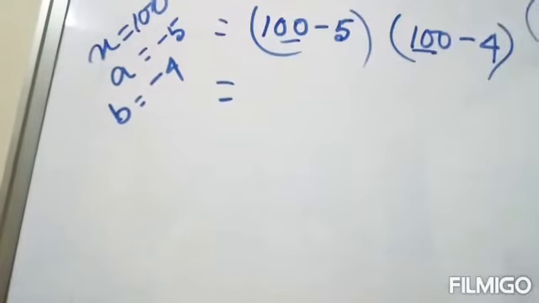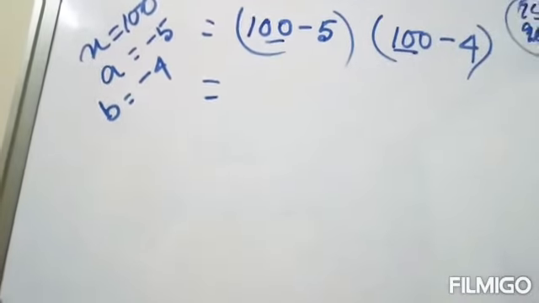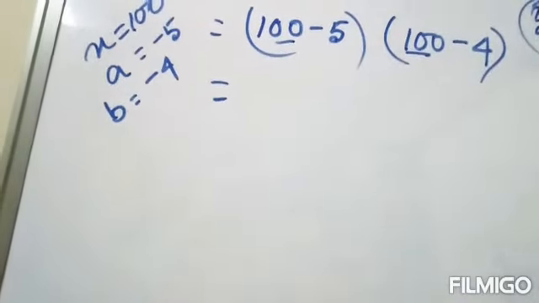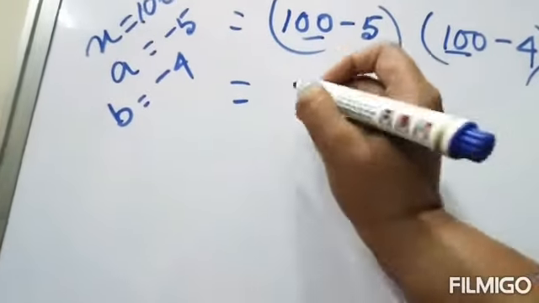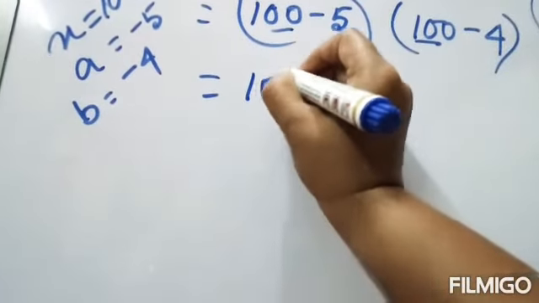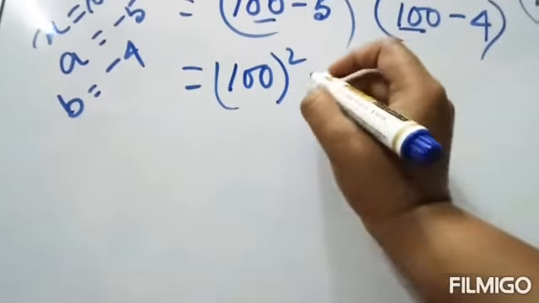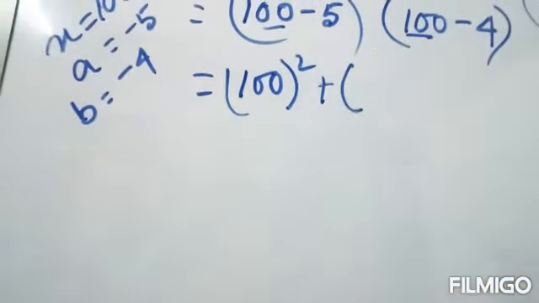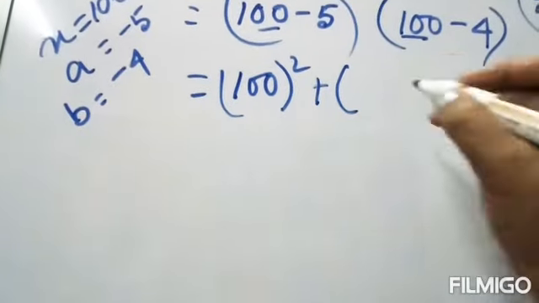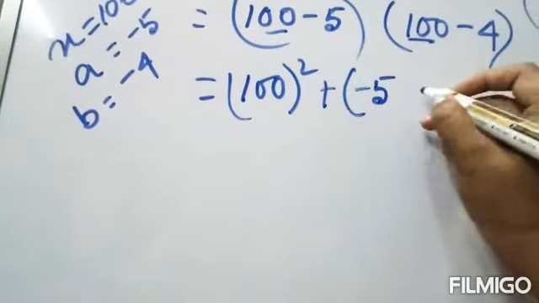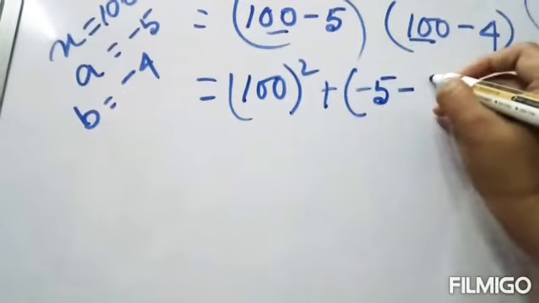What is that identity? x plus a into x plus b will be x square plus a plus b into x, plus a into b. What is a? Minus 5. What is b? Minus 4.